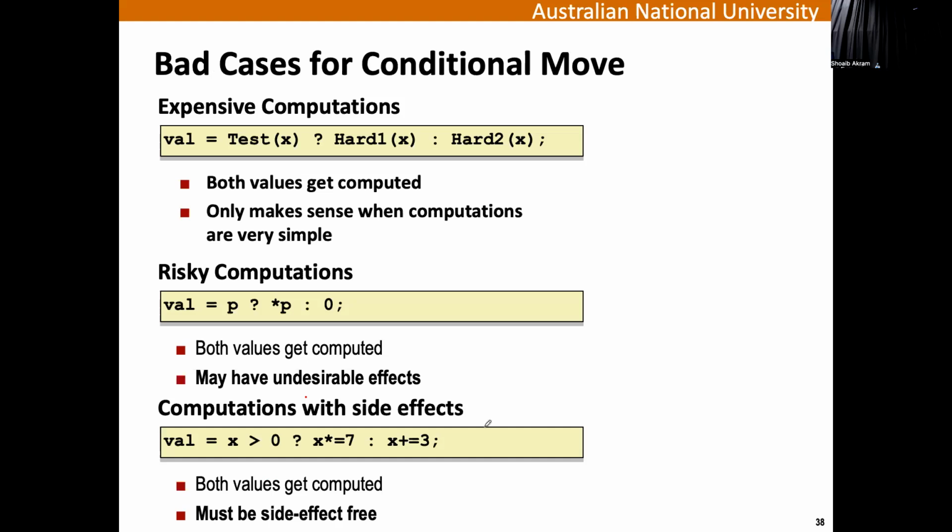The third drawback or the third bad case for doing this modern transformation of a conditional expression where you're setting a value of a variable depending on a condition. What is the problem here? It says x is greater than 0. That's a test. If the test is true, oh, you might not have seen that.